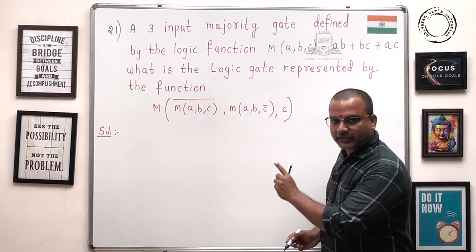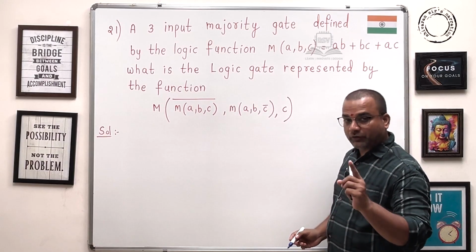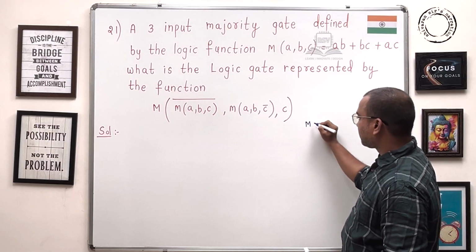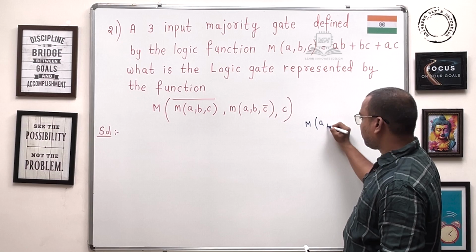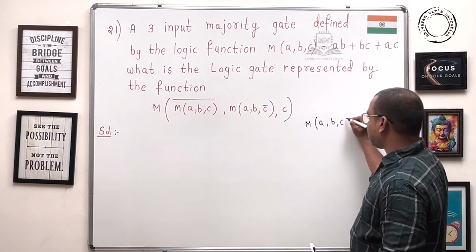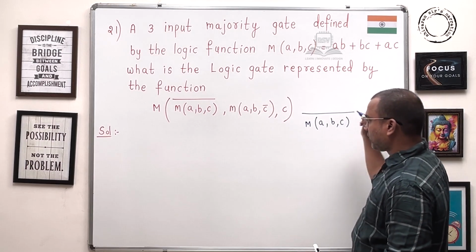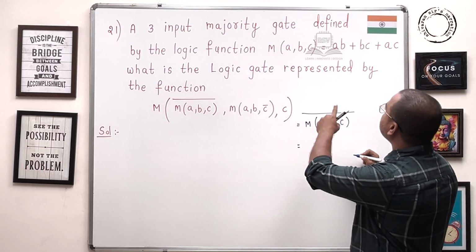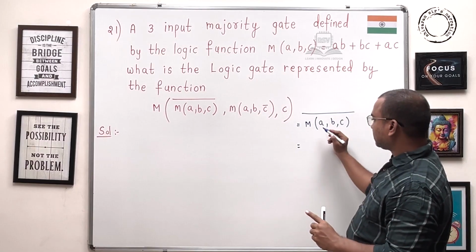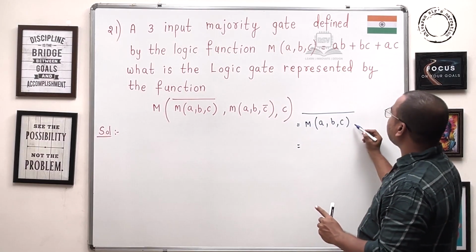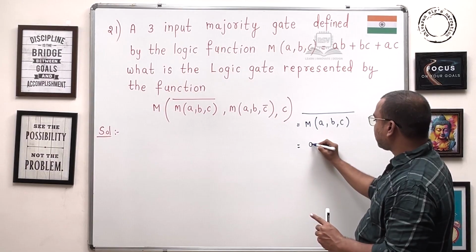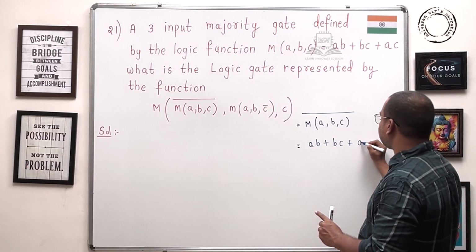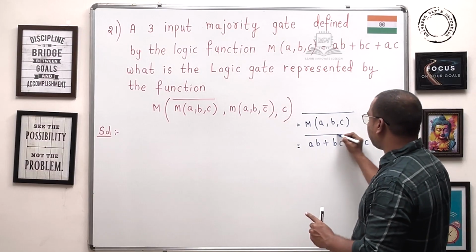Before proceeding to the solution, we want to know about M of A, B, C whole bar. What is it? It is AB plus BC plus AC. Then whatever you take, M of A, B, C is AB plus BC plus AC whole bar.